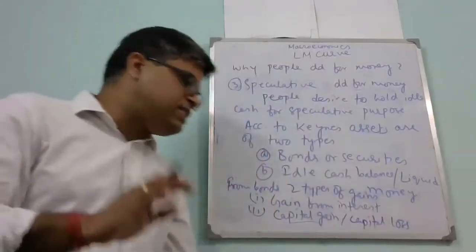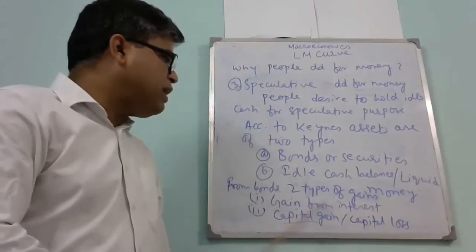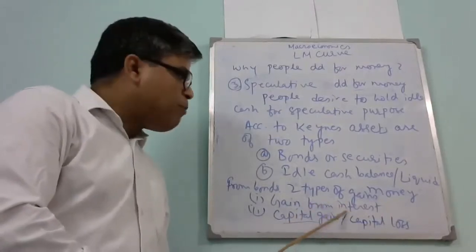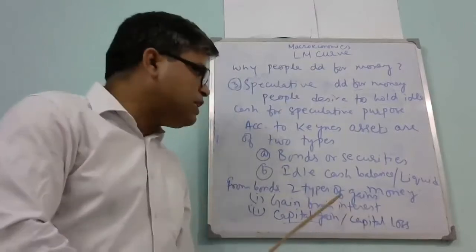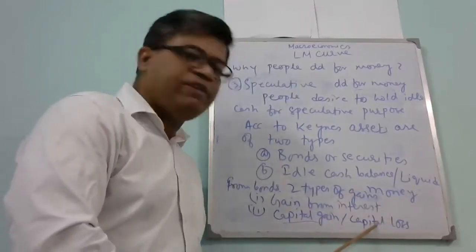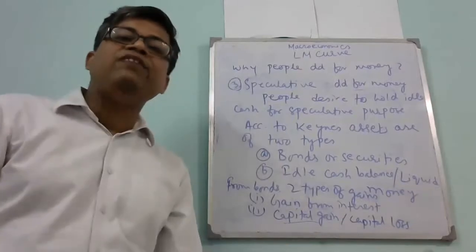Another case can be that there is a capital loss but an interest gain, and the interest gain is overshooting the capital loss. Suppose the interest gain is 100 rupees and the capital loss is 70 rupees. If we add these two, there is a net gain of 30 rupees.